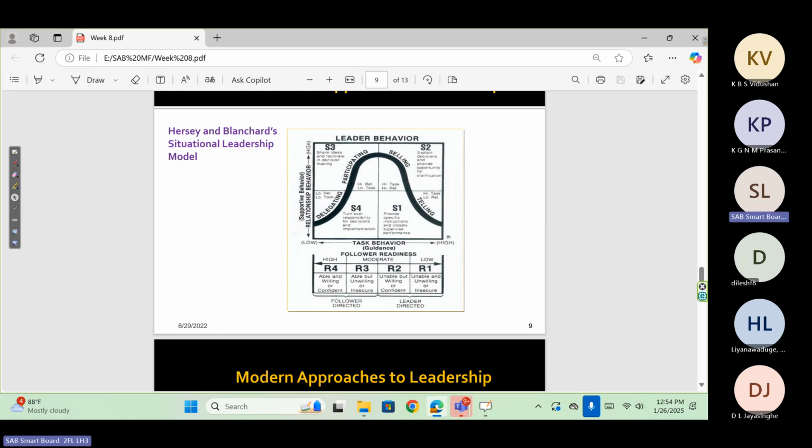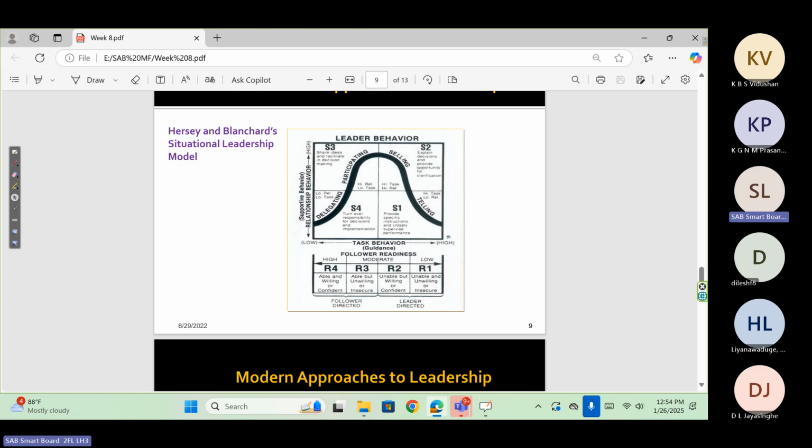Then for followers having ability, willingness, and confidence at a very low level, the model says the manager or the leader should use the task-oriented style. Task-oriented or telling style.